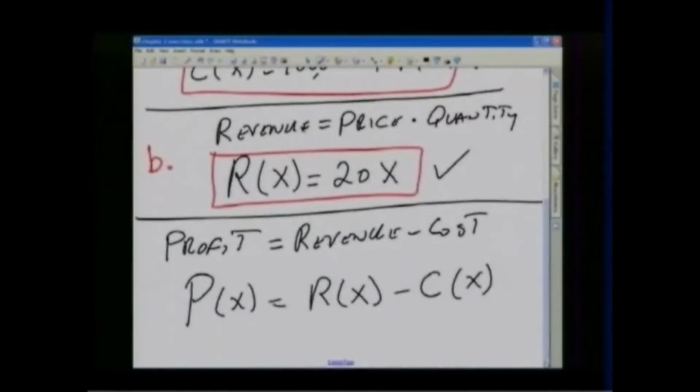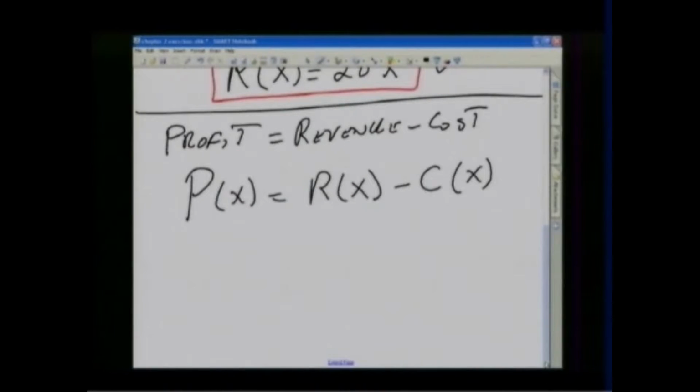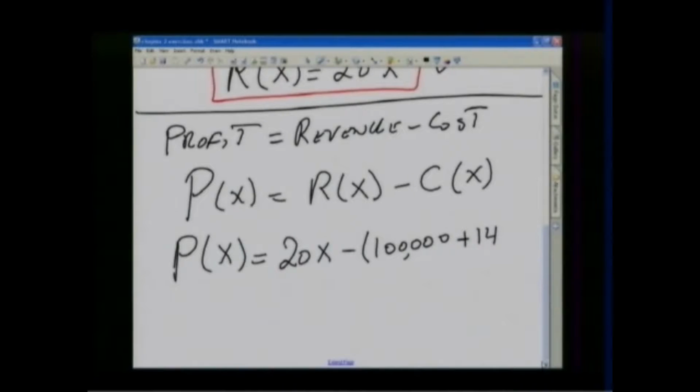So we plug it in, and profit would be 20X minus the cost, which was $100,000 plus 14X. So profit would be equal to 20X minus 100,000 minus 14X.